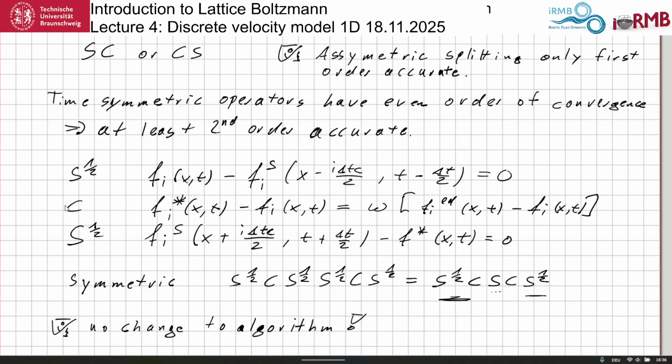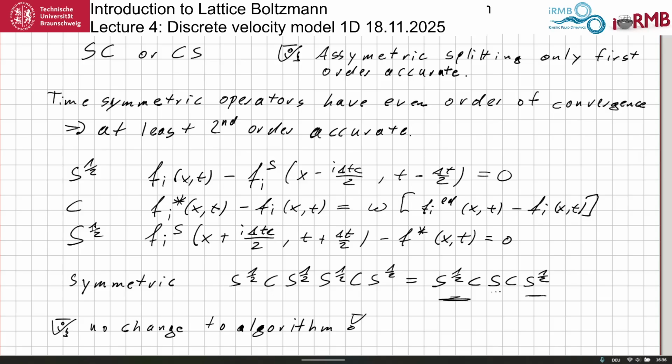I asked him why don't you do this much simpler and say half a streaming, collision, half a streaming? And then he asked me, so what is half a streaming? I mean, this person is very, very intelligent. But anyway, I say half a streaming is streaming half the distance.